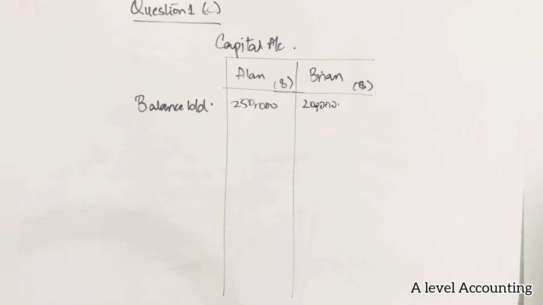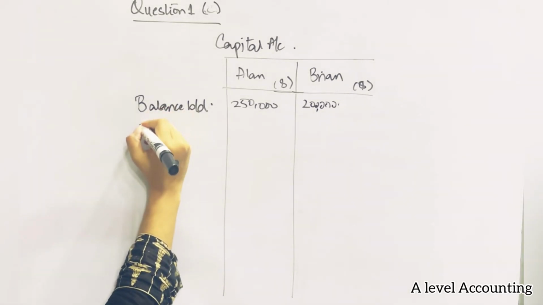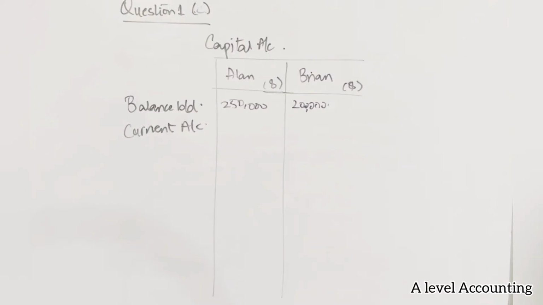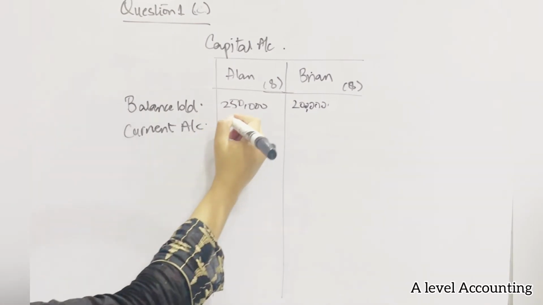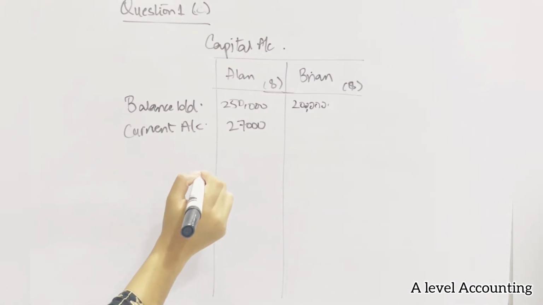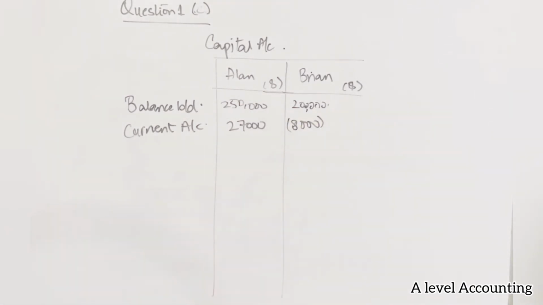So do not confuse the statement with the account. The next thing is that you're supposed to write the current account balances. If you look into the current account balances, 27,000 is for Alan, which is supposed to be added, and 2,500 debit for Brian, that is supposed to be subtracted.